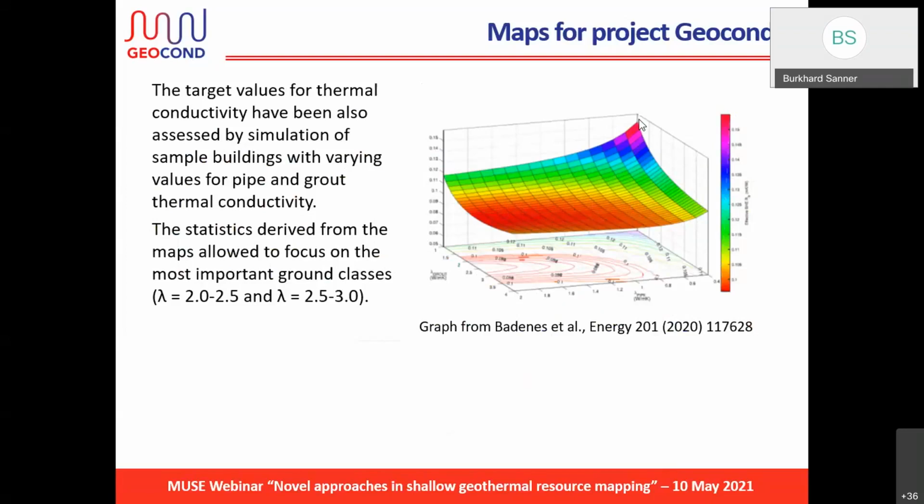This, of course, is the lowest, where we have low pipe and grout conductivities. Each of these has to be calculated for a certain ground thermal conductivity, and the statistics done before allowed us to limit that to certain classes only.